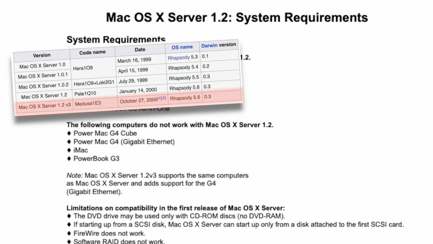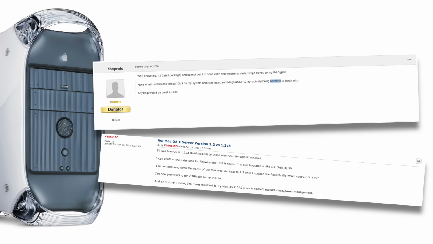Both 1.2 and 1.2 version 3 reported themselves as the same Rhapsody 5.6 under the hood, making them more likely incremental hardware updates than true new versions. There are also stories from the time about 1.2 being non-bootable on G4 hardware, forcing users into creative workarounds like installing the system on another Mac and then moving the hard drive over.